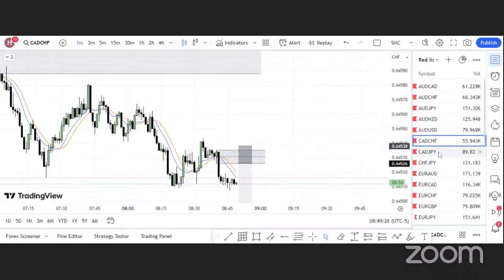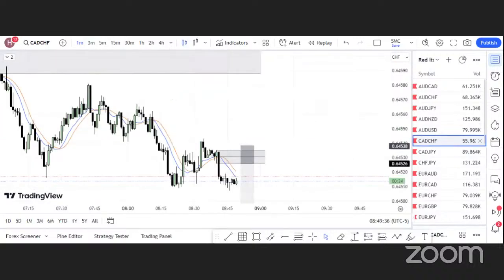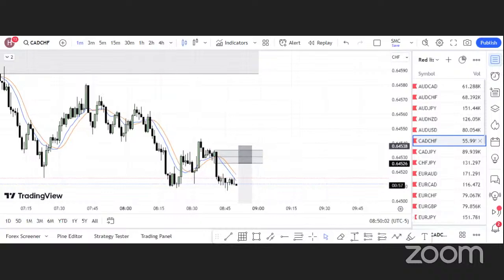Okay, I think we should look for other analysis. Come back to this later. So the market is just busy ranging around that area.